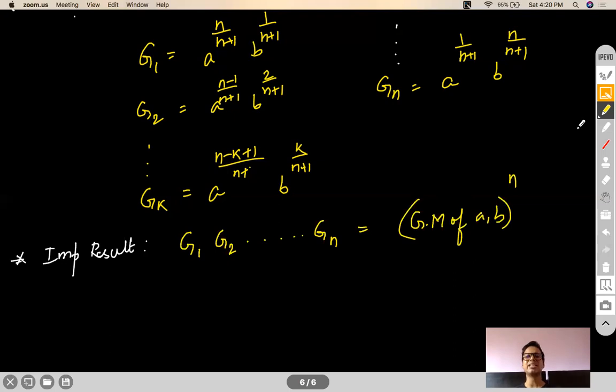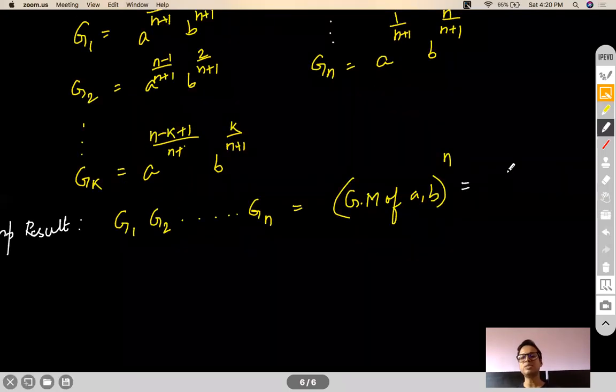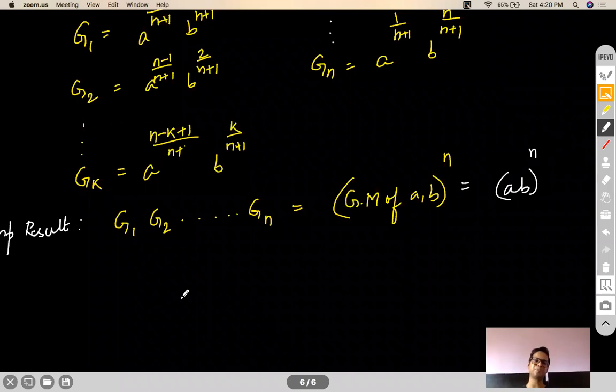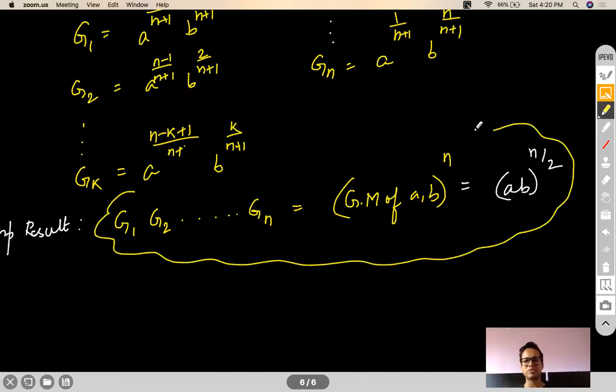In other words, it is AB to the power of n by 2. Please remember this result. So the product of all the geometric means that you are inserting between A and B is nothing but the geometric mean of A and B raised to the power of n, or you can say AB to the power n by 2. This is asked as a direct question in many competitive exams. So please note this down.